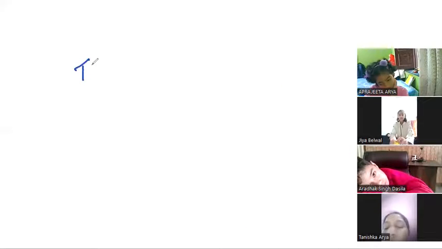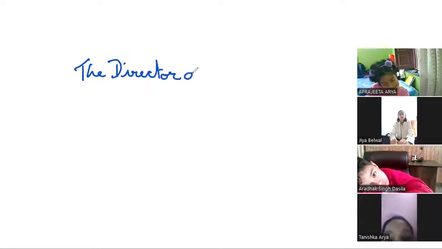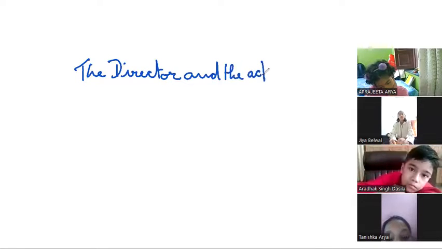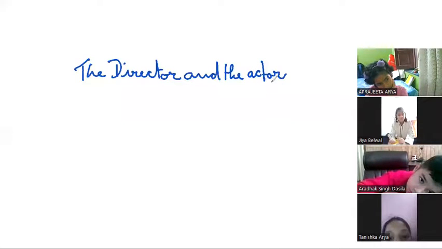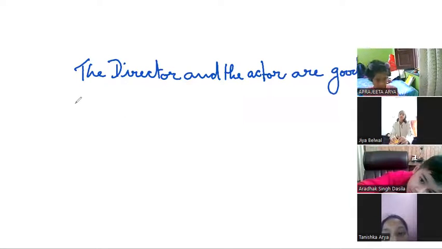But if I'm referring to two different people, of course, then I will use a different verb. For example, if I say the director and the actor, see, I'm not writing a capital A for the actor because director is a position, actor is not a position. It's just a common noun, right? The director and the actor are good friends.